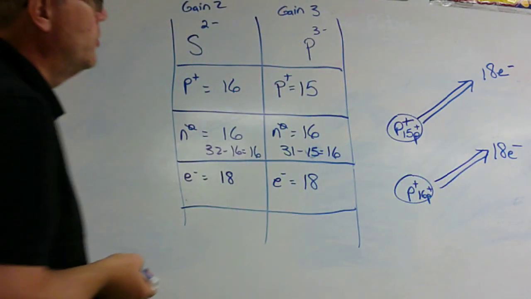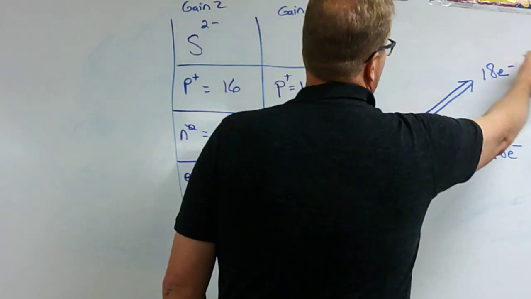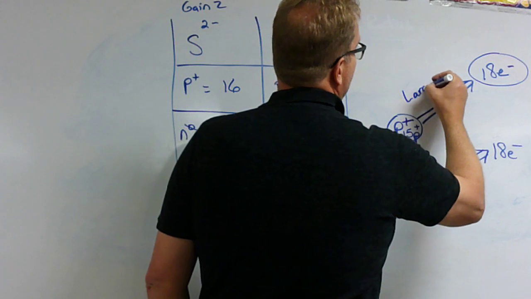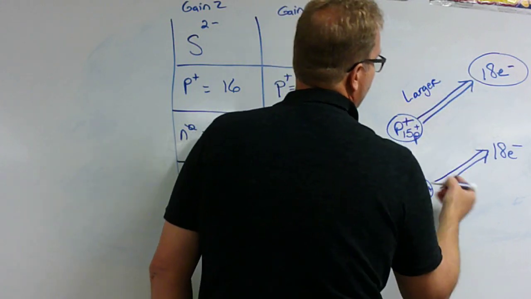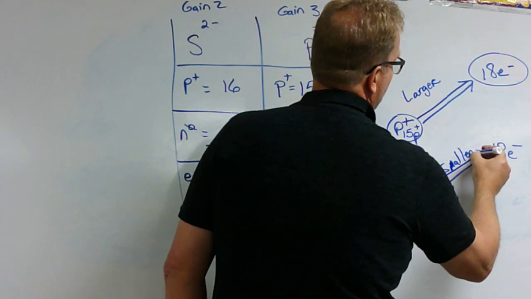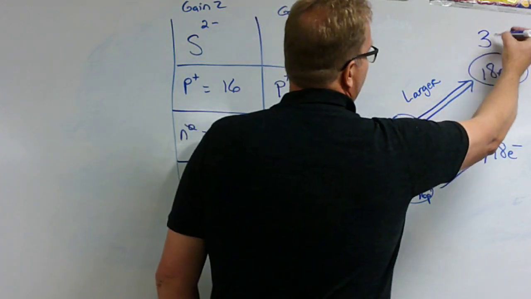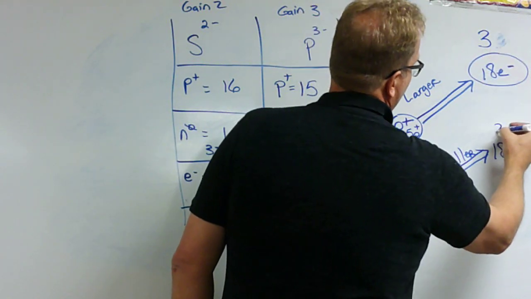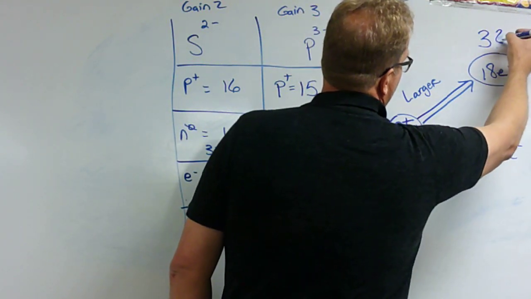Which one has more of the imbalance? It's going to be here. This one's going to be larger than this one. So this one's going to be smaller. This is because I have 3 more electrons here, and I have 2 more electrons here.